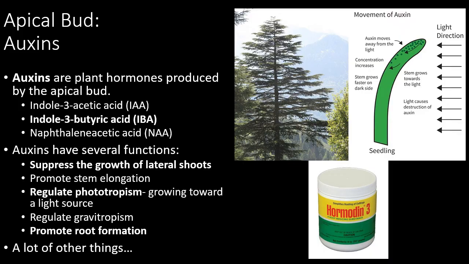Auxins are plant hormones which are produced by the apical bud. You could spend an entire PhD studying auxins and still not know everything there is to know about auxins. Auxins are an extremely important plant hormone that does a big range of things.